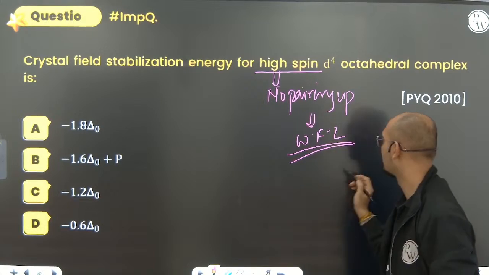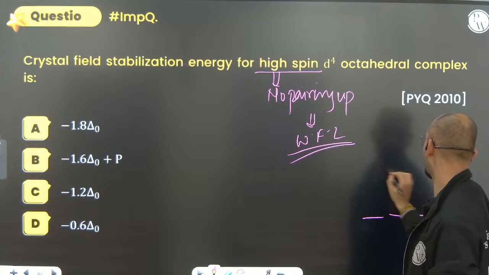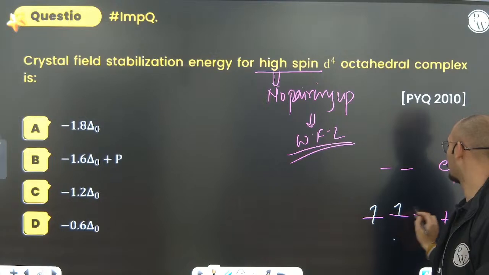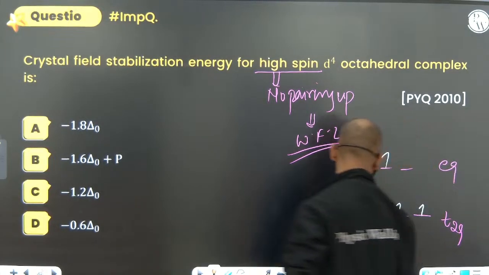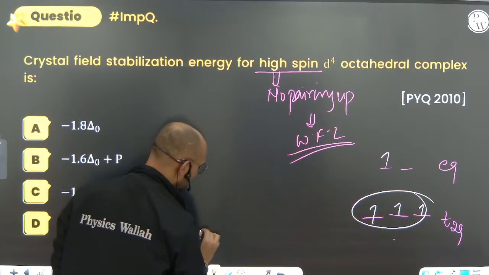Okay, d4 है, जरा सोचो कैसे ऑक्टाहेड्रल में ब्रेकिंग होता है, t2g और नीचे ऊपर क्या होता है, eg. How many electrons are there? 4. 1 2 3 4. चलो भाई जरा सोचो, I hope you all know whatever is CFSE कैसे फाइंड आउट करना है.